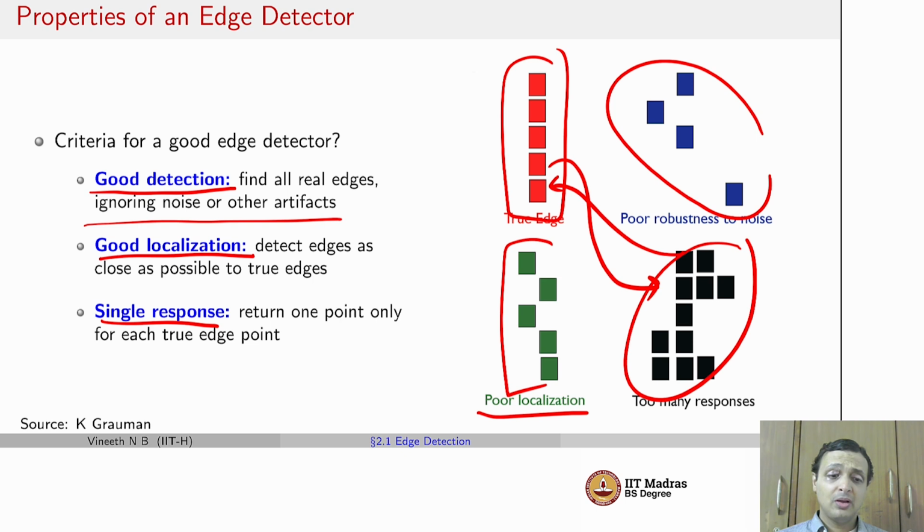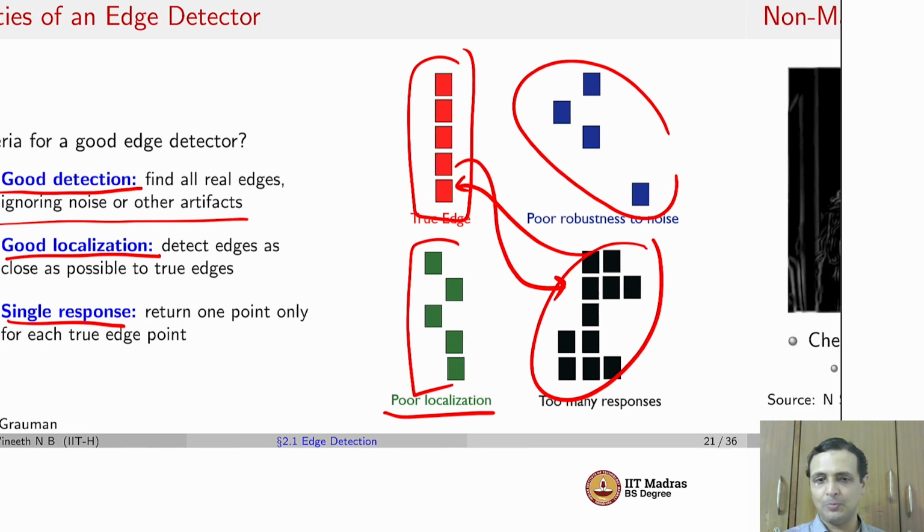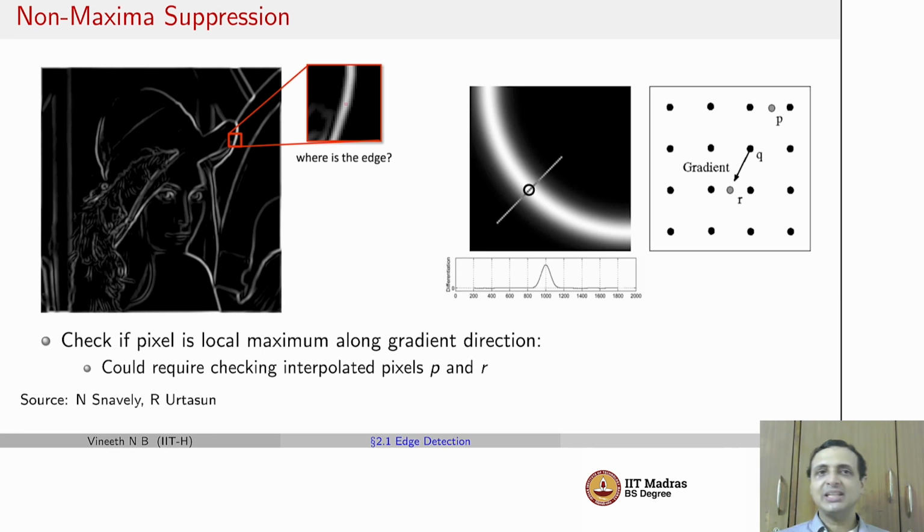But so far, we only know how to use the gradient to detect the edges. How do you solve problems such as good localization, single response, and so on? That's what we're going to see now. One of the things we can do to ensure that we get a single response in a particular region is to do what is known as non-maximum suppression. The idea is very literal. If something is not a maximum, suppress it.